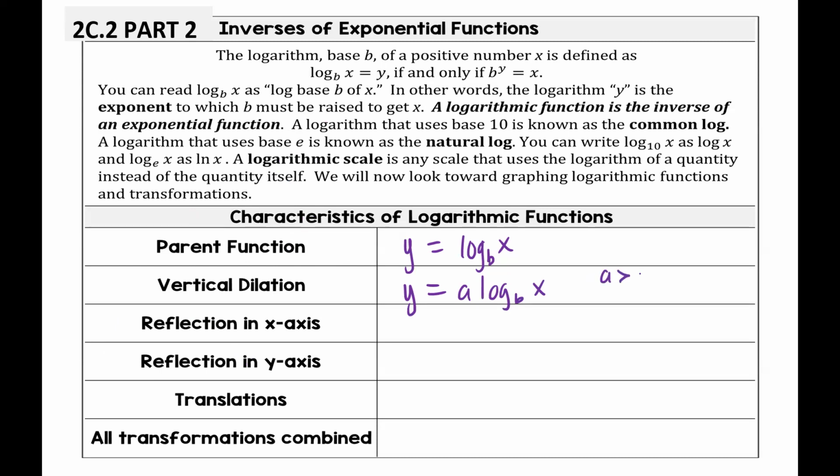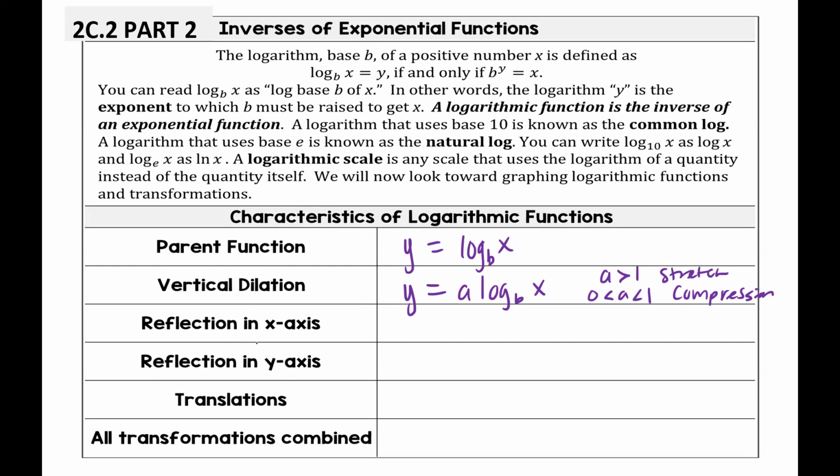If a is greater than 1, then that is a stretch. If a is between 0 and 1, then that is a compression or shrink, whichever way you want to call it. It's okay if you just say a dilation by half or a dilation by 1. If you don't want to have to remember whether it's a stretch or compression, writing dilation is acceptable.